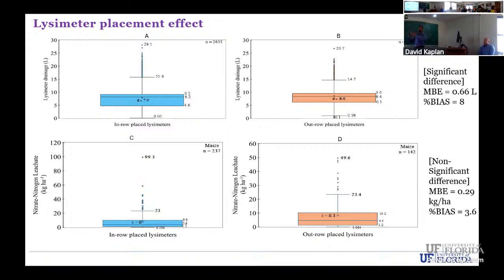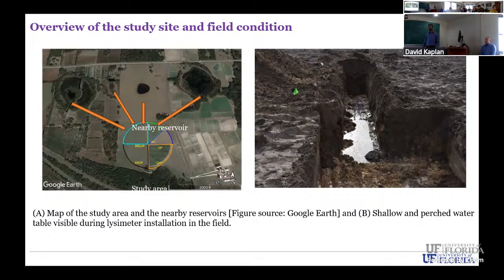So we wanted to see, is there any difference in these? But again, it's overestimated. What we saw is that if you place these lysimeters in row, they have less nitrogen leaching, or less drainage, compared to the out-row ones, and it is expected to be that way.